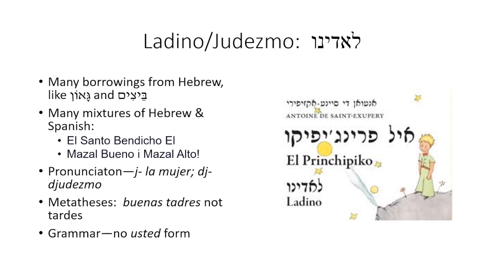And Judezmo is also a sound that you would not encounter in modern Spanish. There's also some interesting things like flip-flopping of sounds within a word. That's known as metathesis. In modern Spanish, we say buenas tardes. In Ladino, it's buenas tardes. And there are also some changes in grammar. For example, there's no usted form in Ladino.